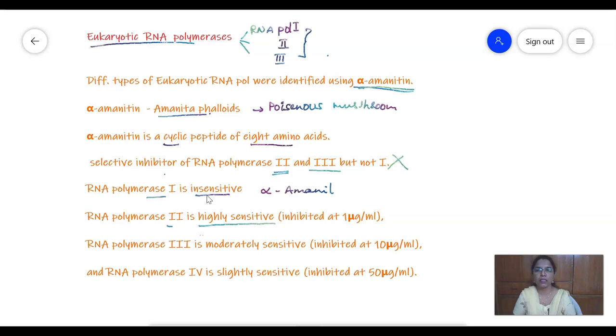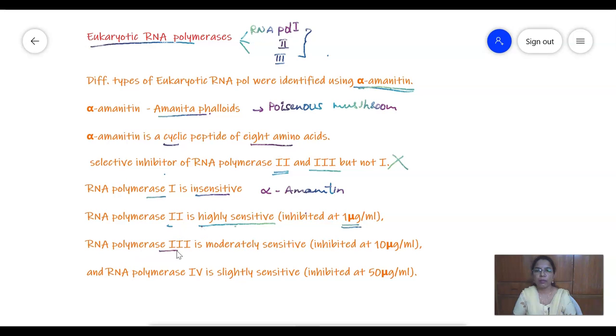RNA polymerase 1 is not at all responding; even though alpha amanitin is present, the RNA is synthesized. But RNA polymerase 2 is highly sensitive, which means that even in the presence of a small amount of alpha amanitin, it inhibits the synthesis of mRNA.